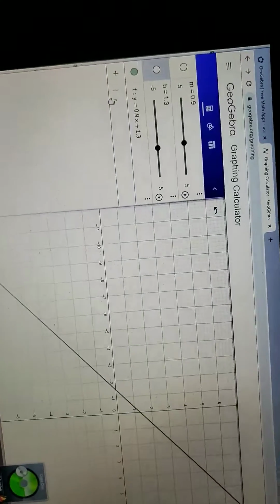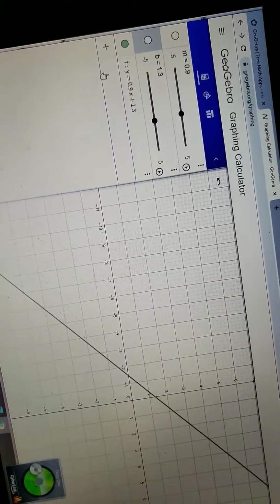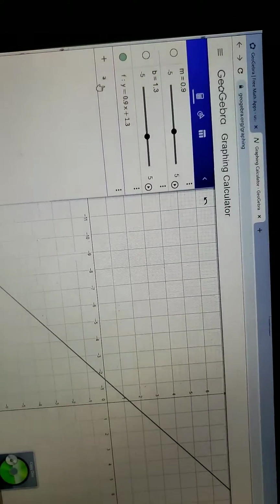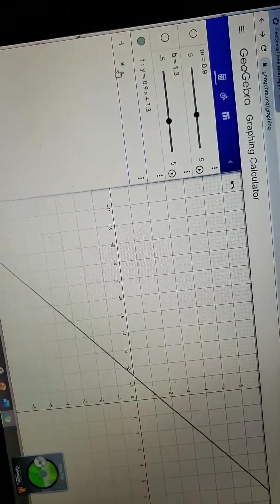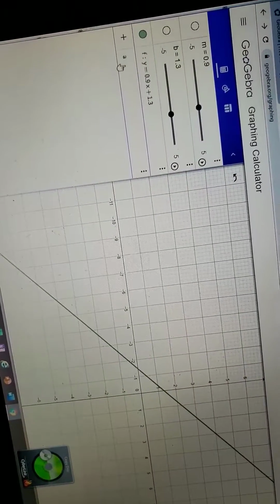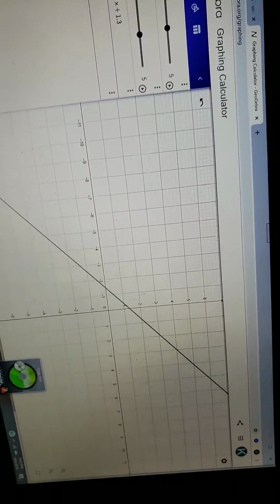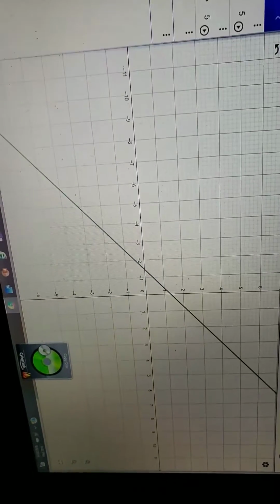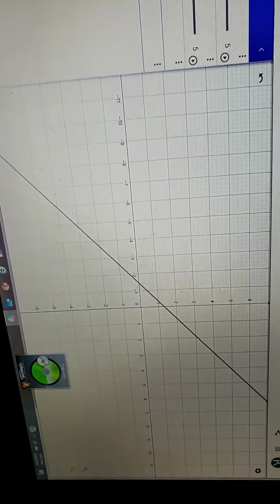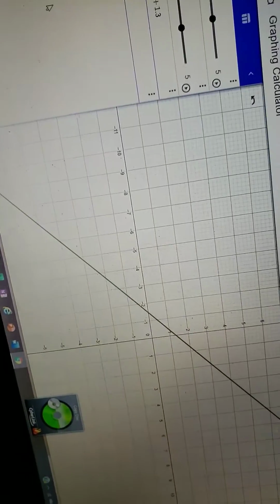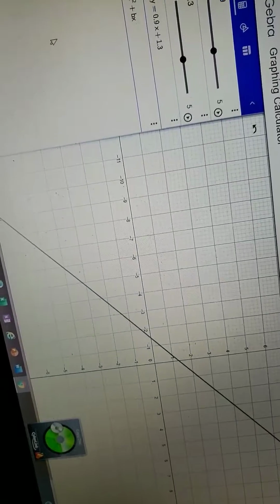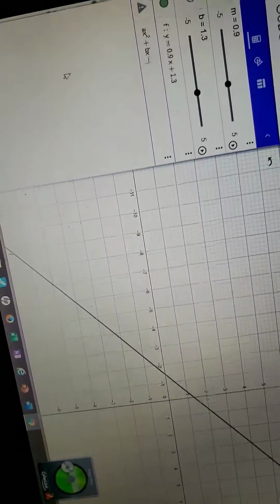Now I'm going to type a quadratic function, a x to the power of 2 plus b x plus c.